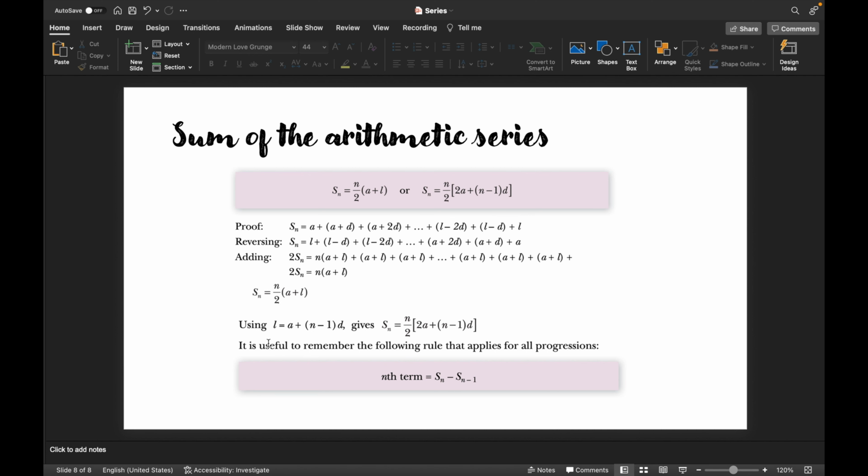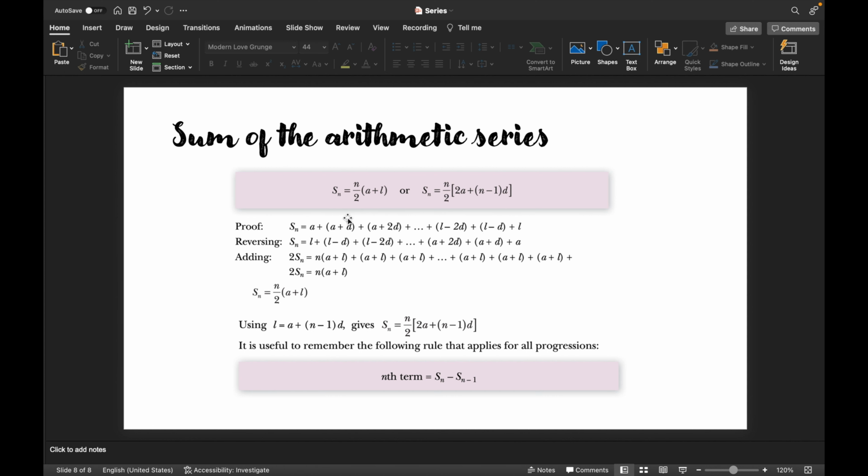The next thing that we're going to learn is the sum of an arithmetic series. If you want to find the sum of a number of elements that follow the arithmetic series, then you'll have to use either this formula or this formula.